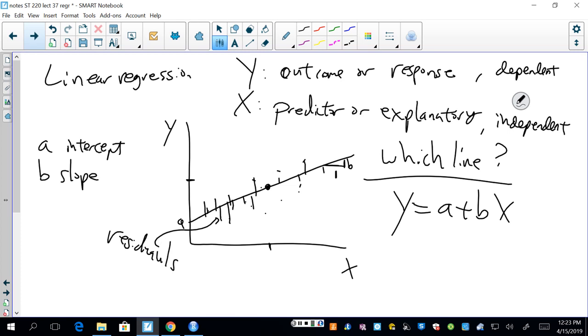And choose a value of a and b, an intercept and slope, to minimize the sum of those squared errors. That's the principle that's used with regression. You could do a number of things. You could eyeball a line to make it look good. You could maybe take the absolute value of those residuals and move the line about to try to do it.